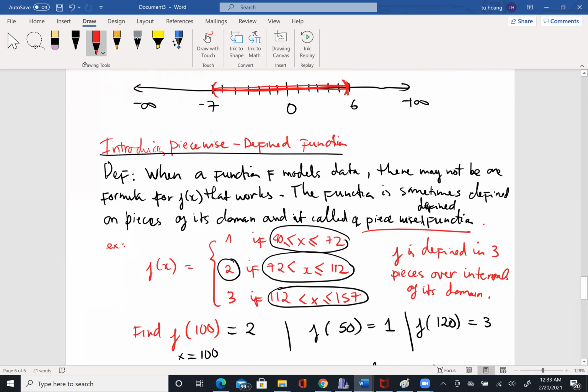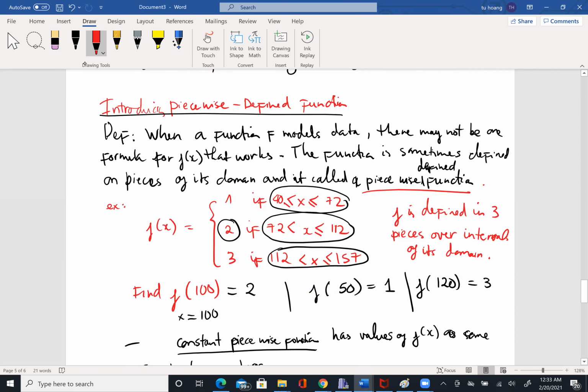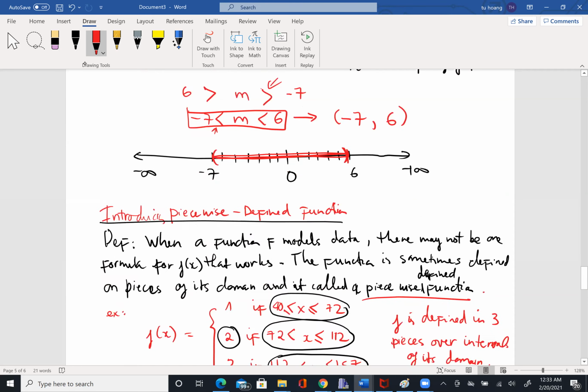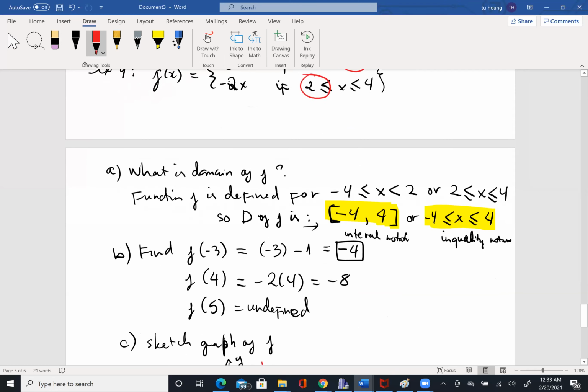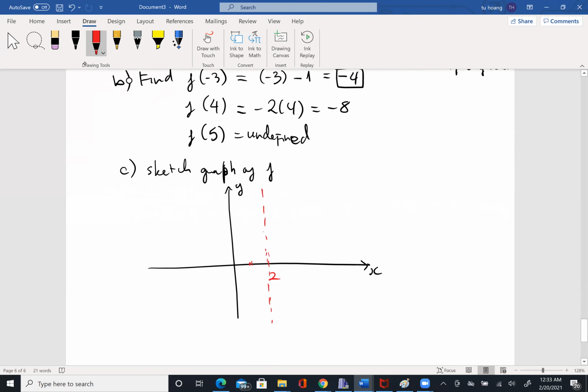Okay, so you know that at 2, f of x equals x minus 1 and negative 2x.